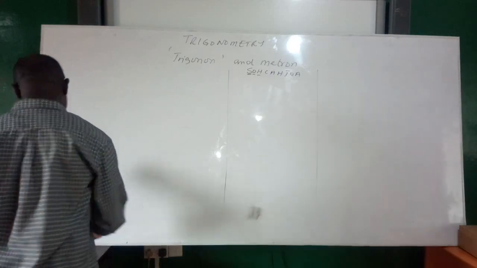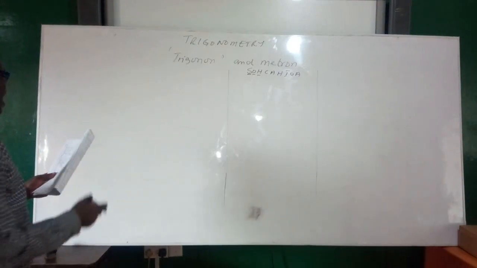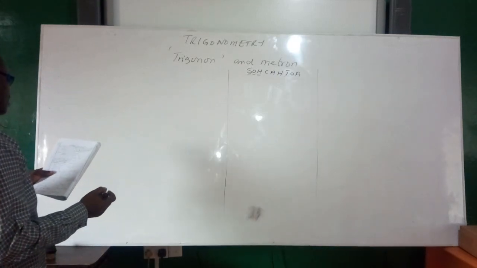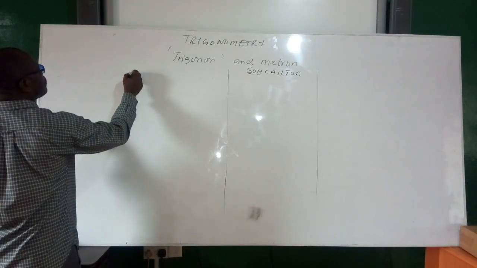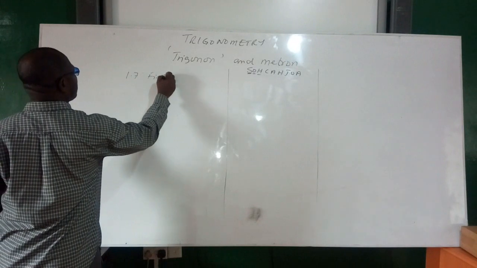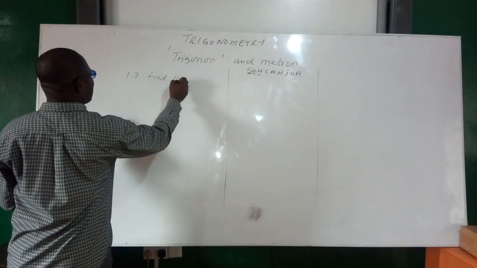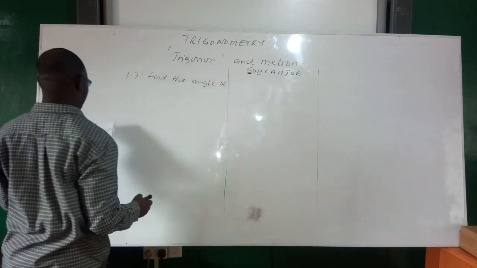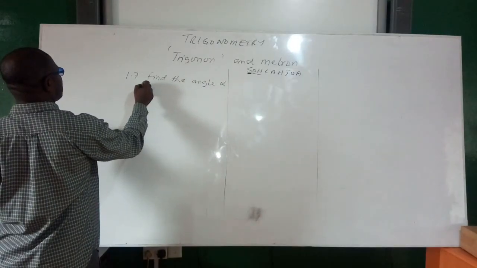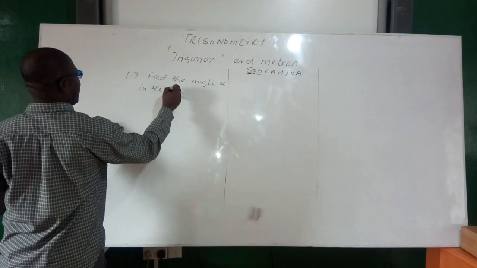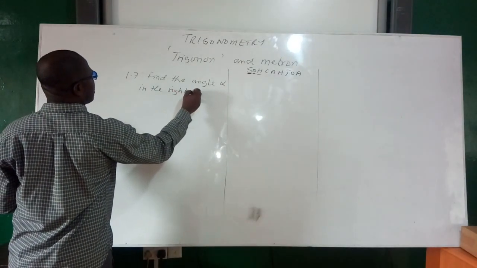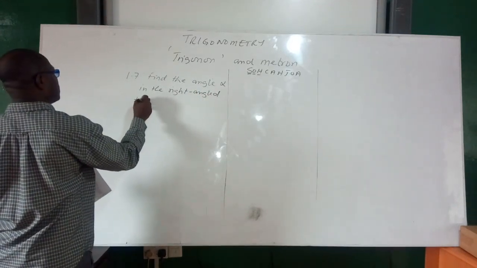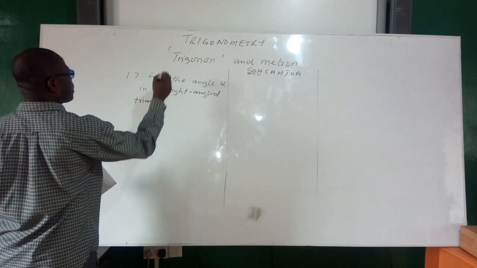Our next question says: find the angle alpha in the right angled triangle below.